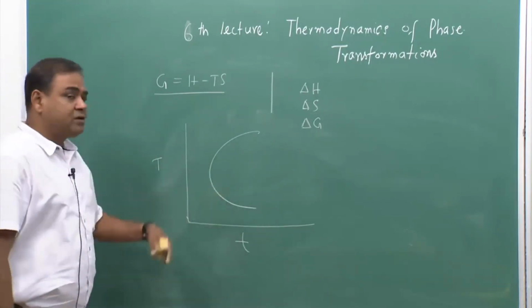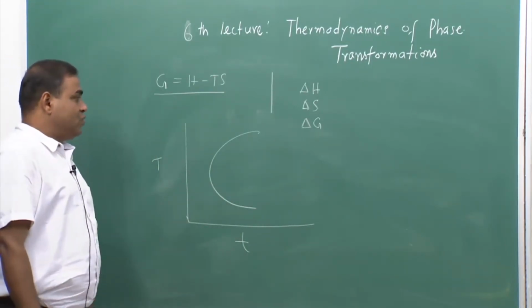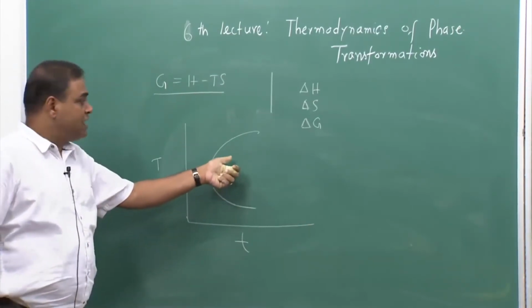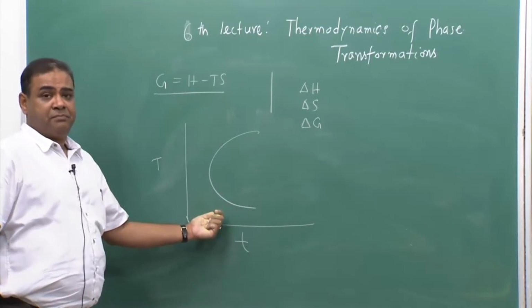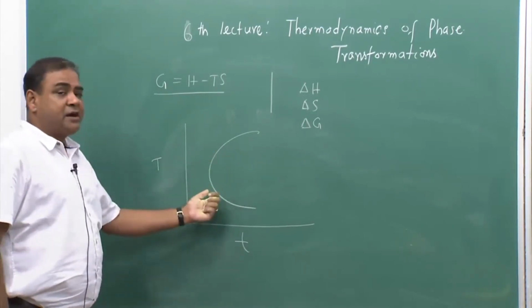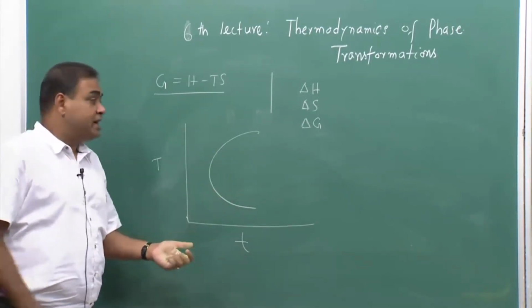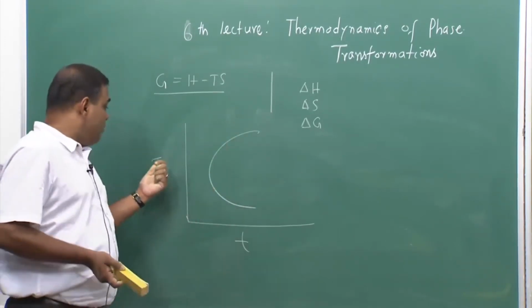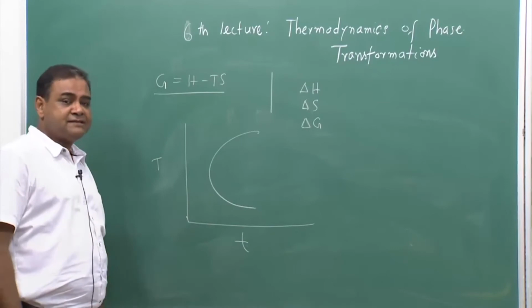Whenever we come across this TTT diagram, he will show all the calculations of how to find out the TTT diagram. We can find it out experimentally, by doing raw experiments and finding these points over a temperature and time axis.